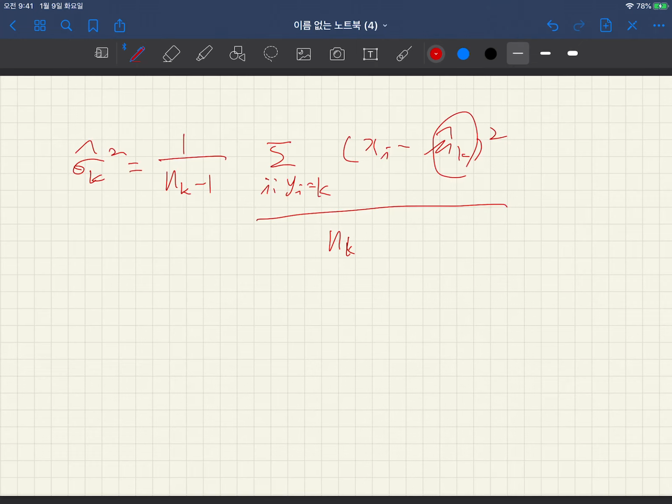So 1 over nk minus 1 is the right constant in front of the sum of squares, and with this equation we can obtain an unbiased estimator for the real sigma k square.